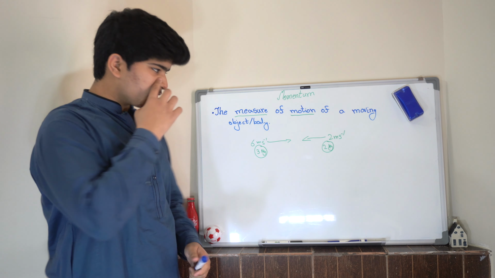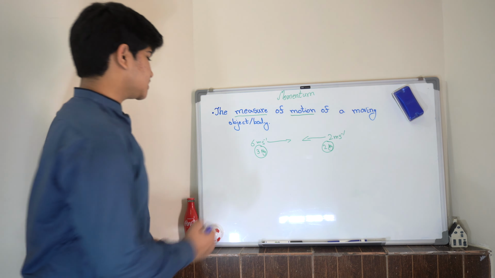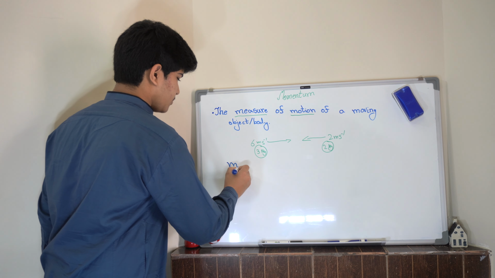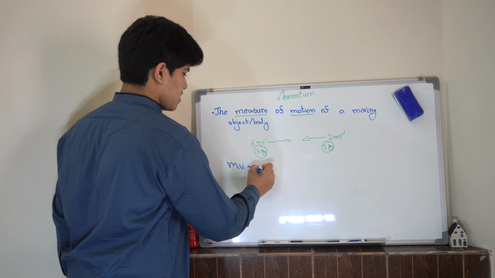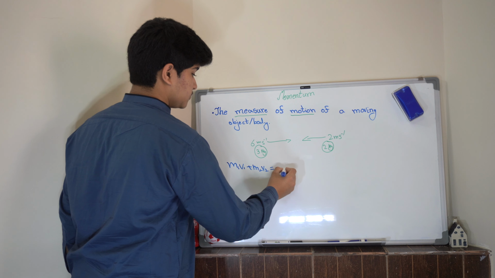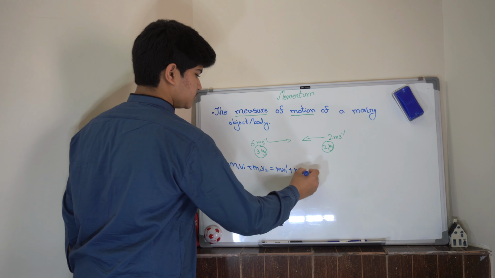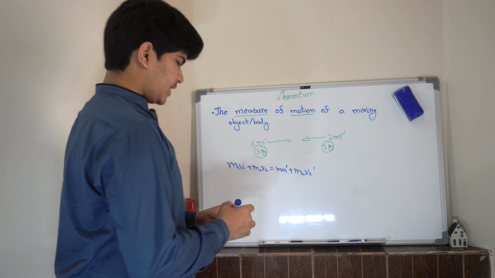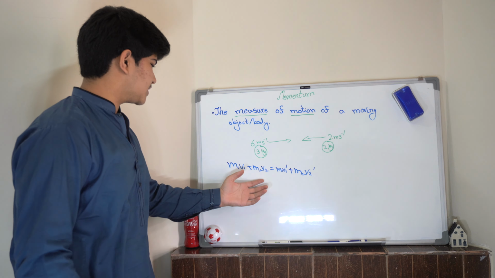So the formula which will be used in these kinds of questions is m1 v1 plus m2 v2 equals m1 v1 prime plus m2 v2 prime. And now you guys might be really worried: what are you doing? What is this formula?